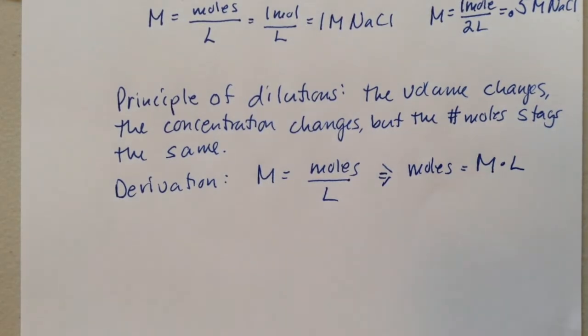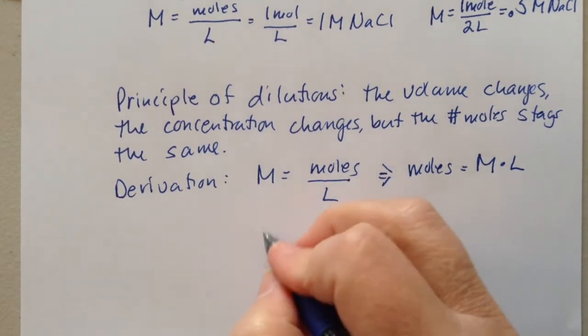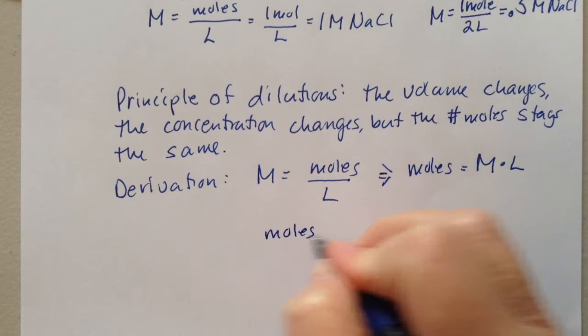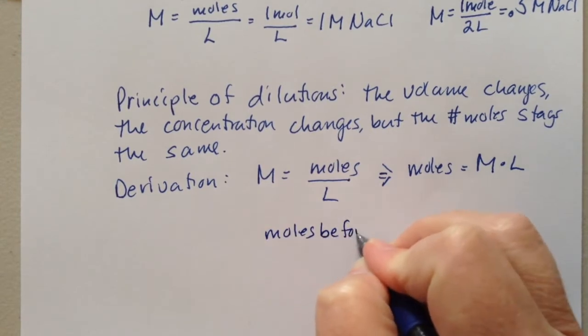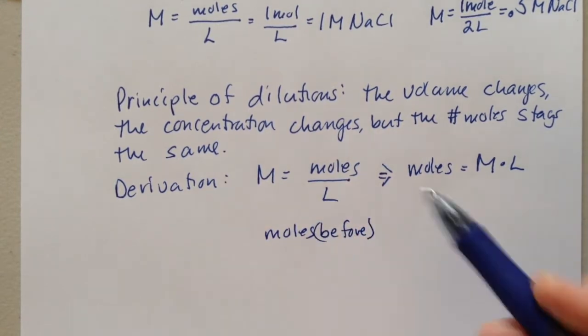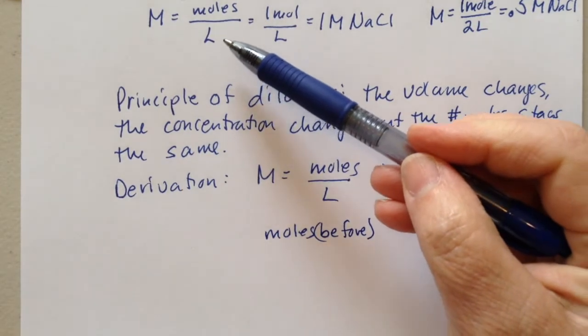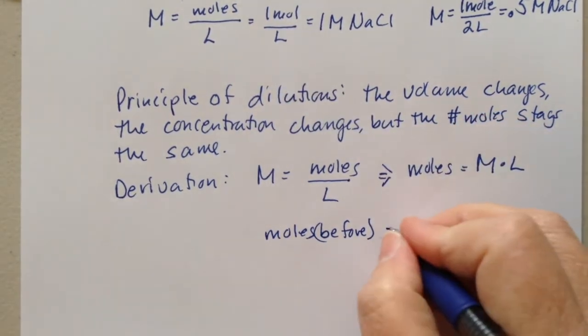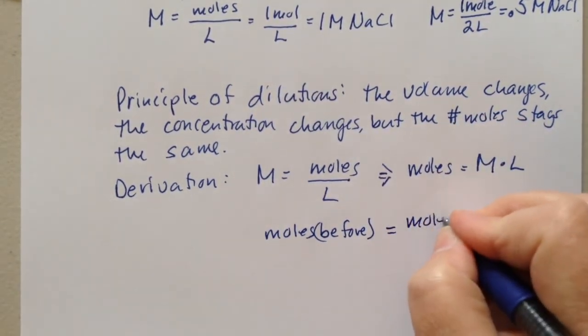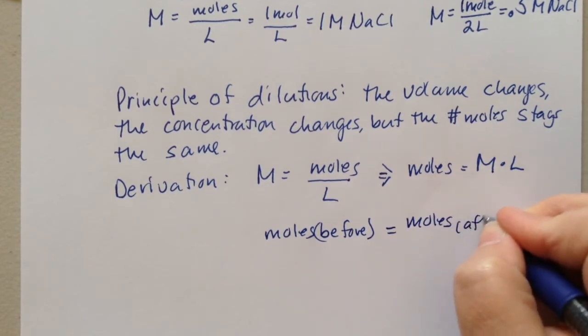Because I just multiply liters by both sides. And I know that the number of moles before the dilution, when I just had my 1 molar solution, equals the number of moles after.